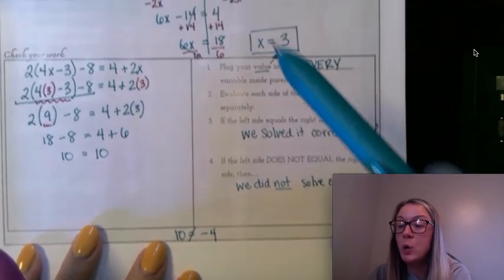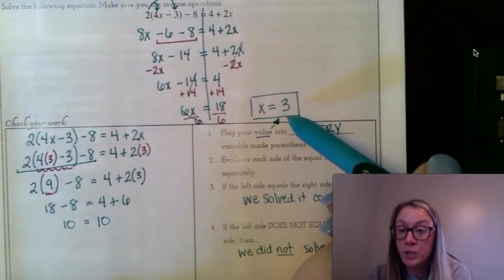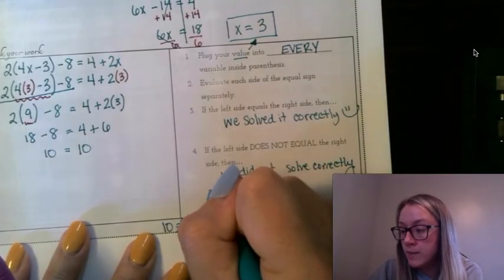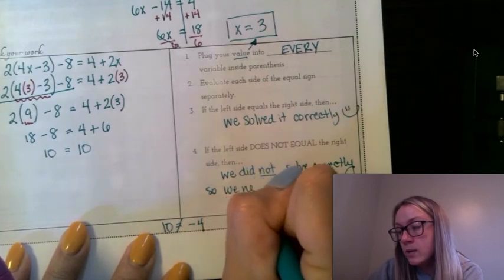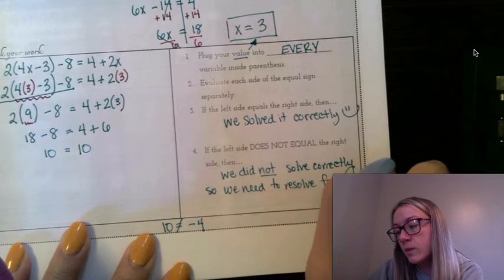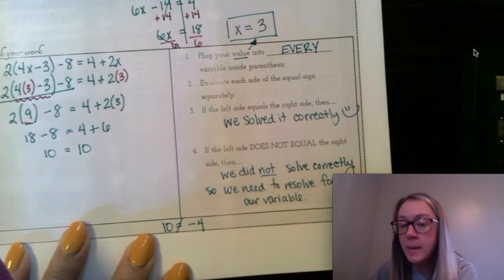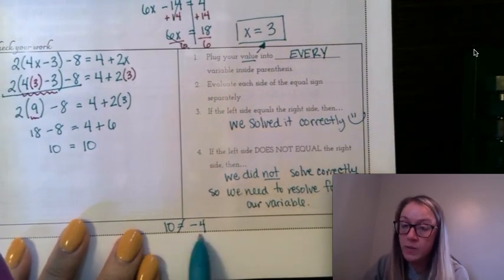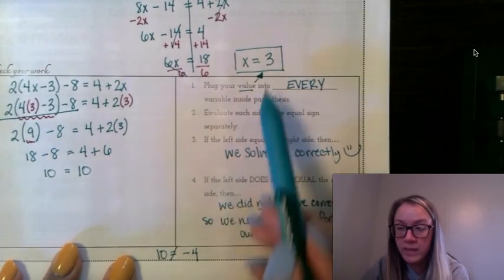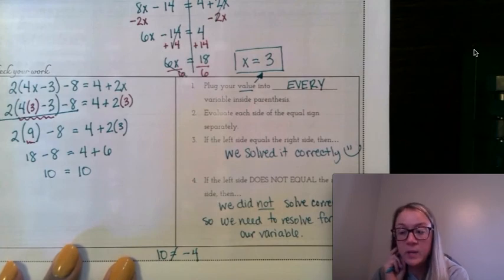So we would have to go back up to this one and try to resolve it and get a new answer because this is not the right answer. So we need to resolve for our variable. So if this happens on a test and you check your work and you get this, don't leave the answer you got because what you just did is you proved that this is wrong. So go back and try to resolve it and see if you can get the right answer.